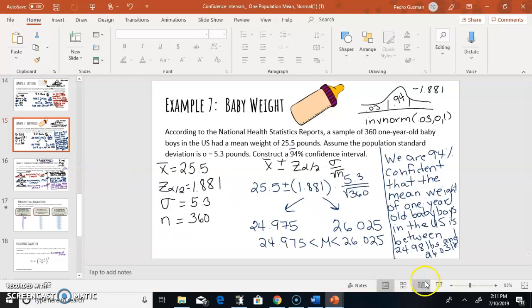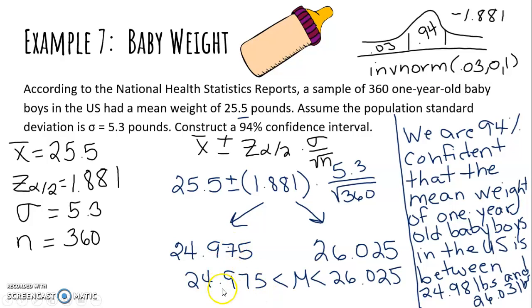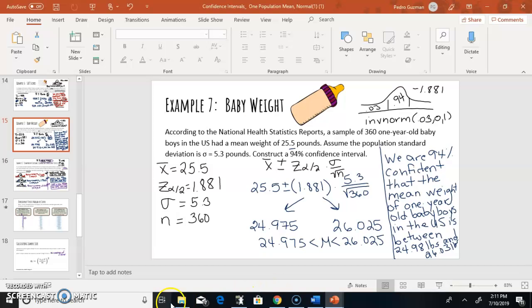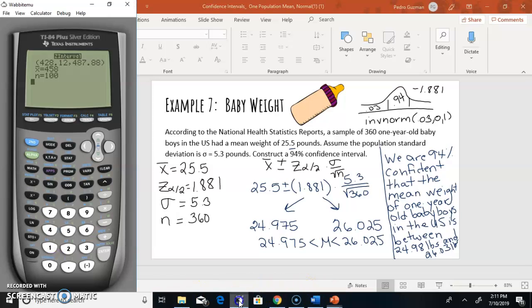So let's look at number 7. Alright, you can pause the video if you want, and you can try this with a calculator and then come back and see if you got these answers.